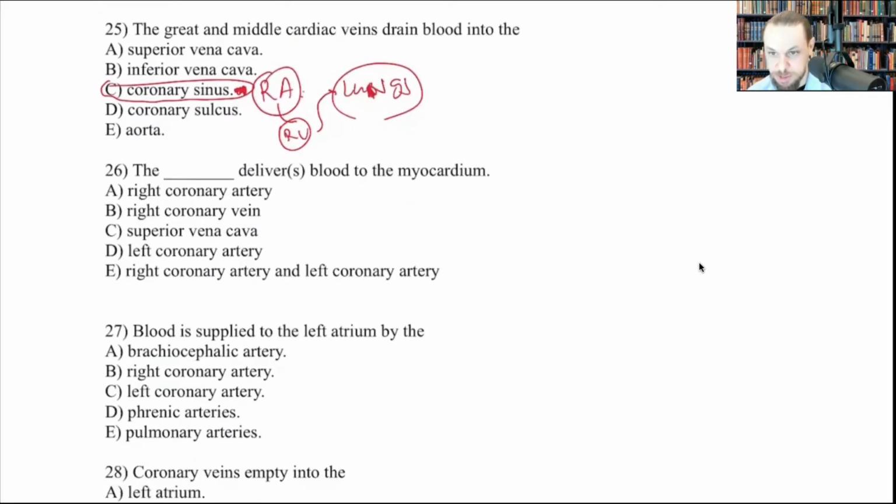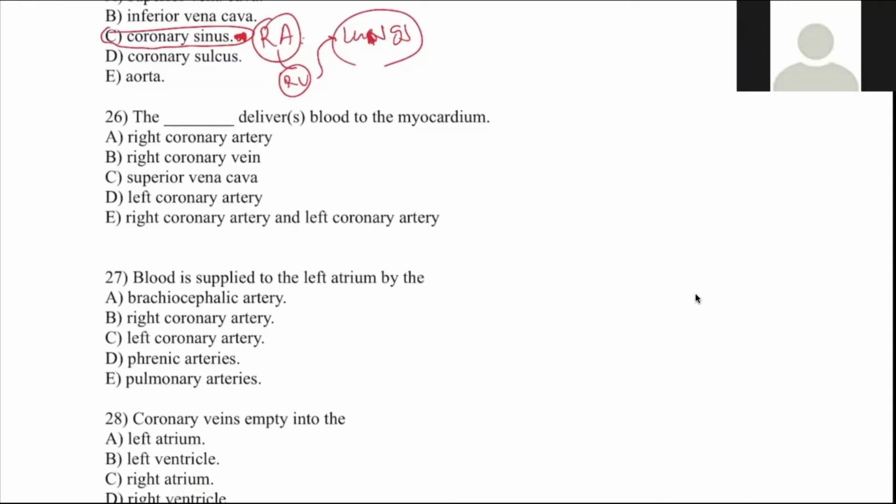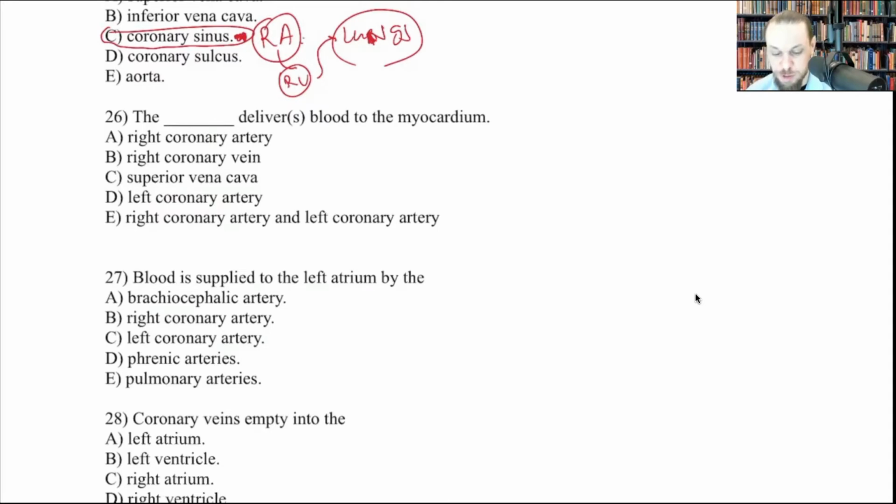26. We're going to go to Eric. The blank delivers blood to the myocardium. I put D, left coronary artery. So when you have questions like this, when they say myocardium, they mean the entire heart. You have to look at the choices. If a choice includes another choice, before you eliminate it, think if it applies. So you said left coronary. What about the right coronary?